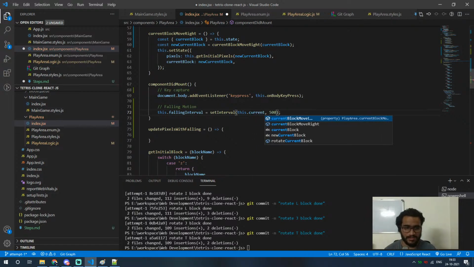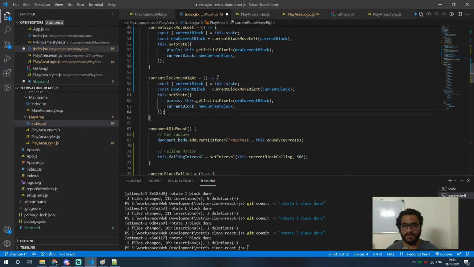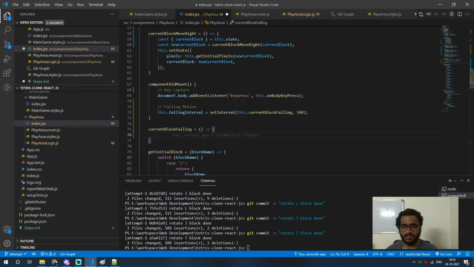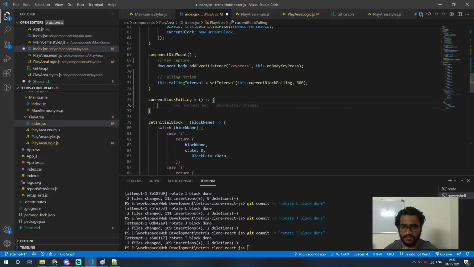Current block falling function, which would update the pixels of the current block, and also increase the y value of those blocks by 1, which would make them fall, and it would do it in 500 milliseconds.